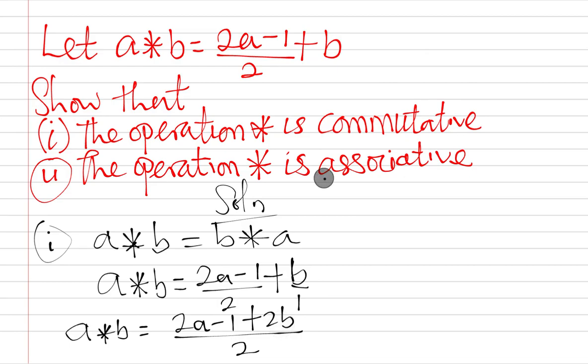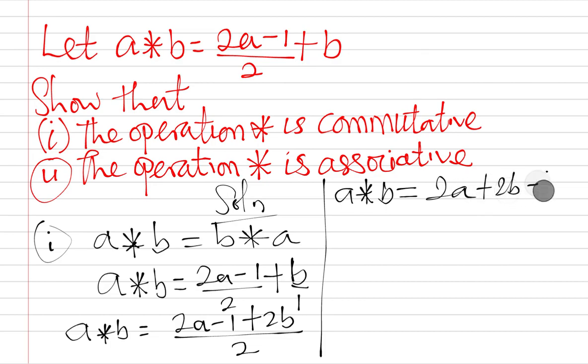So our A star B will now become 2A plus 2B minus 1 all over 2. Are you seeing that now? So we've gotten our A star B.